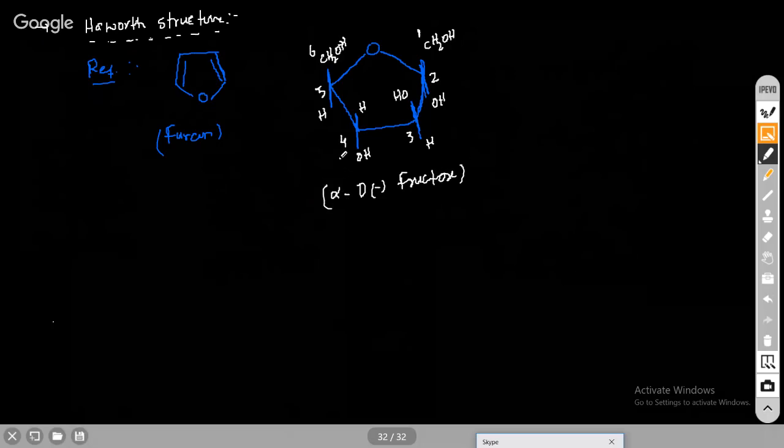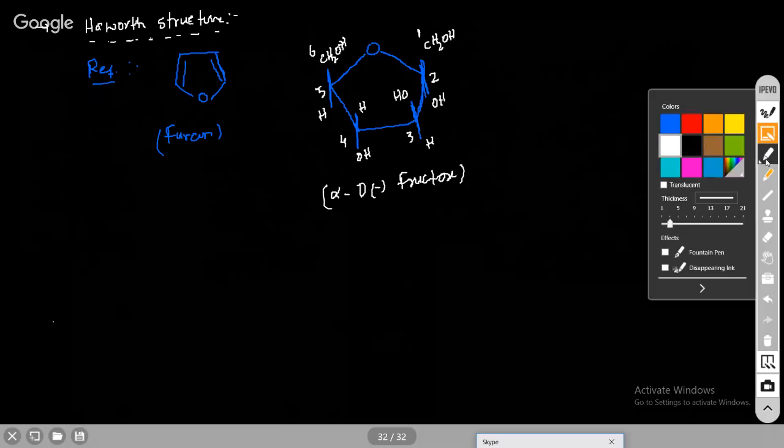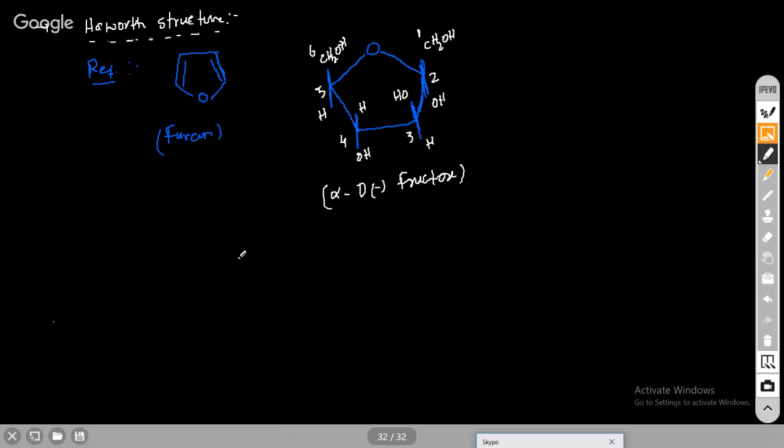For beta D-fructose, what will we do? This OH will be on the top and CH2OH on the bottom. So I'll draw that one also. Here we have OH, CH2OH, and all the other things are the same.